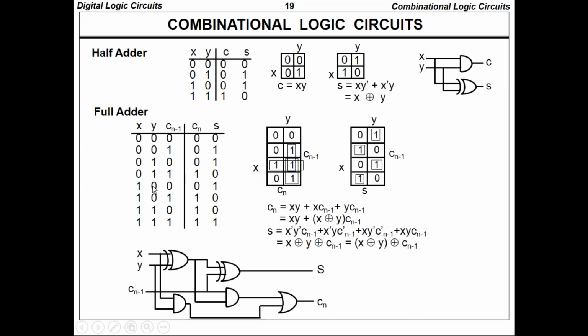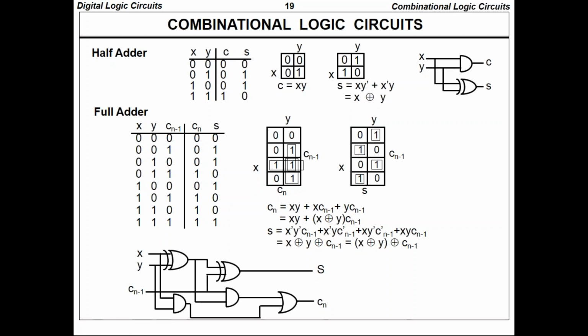Similarly 1 0 0 gives sum 1, carry 0; 1 0 1 gives carry 1, sum 0; 1 1 0 gives carry 1, sum 0; and 1 1 1 means 11, so carry is 1 and sum is 1.